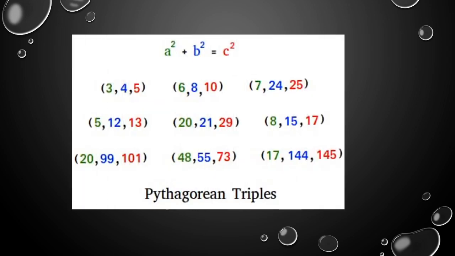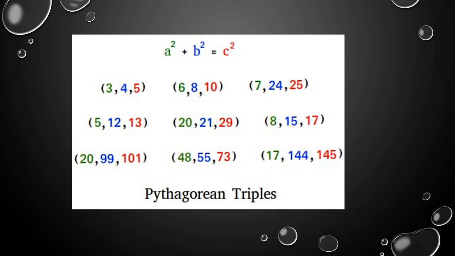Before discussing trigonometric concepts, we need to understand the Pythagoras theorem as well as Pythagorean triplets. Pythagorean triplets are numbers which satisfy the Pythagoras theorem. Here 3, 4, 5 are Pythagorean triplets. Why? As per the Pythagoras theorem, the hypotenuse square is equal to the sum of the other two sides' squares.